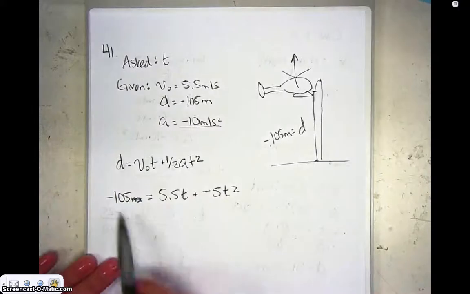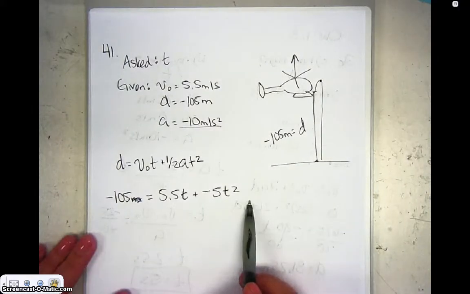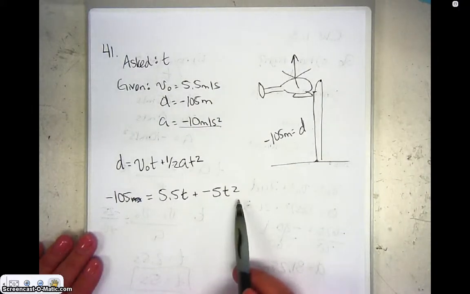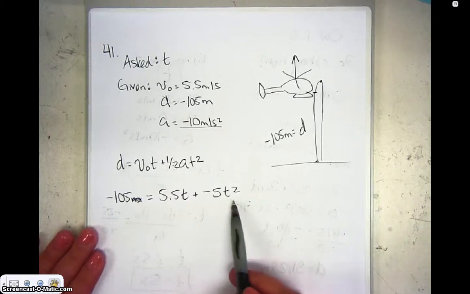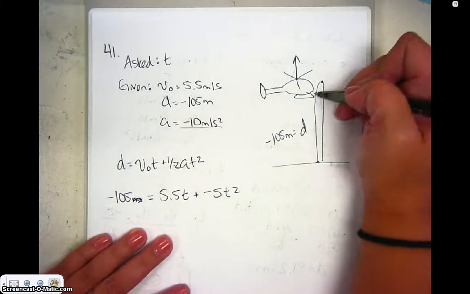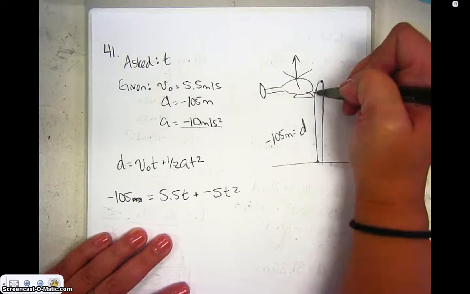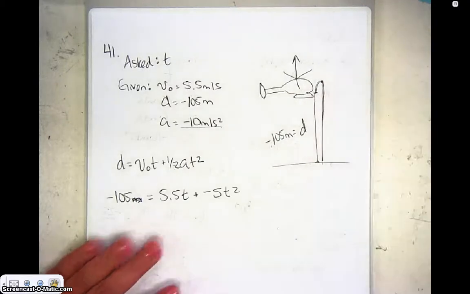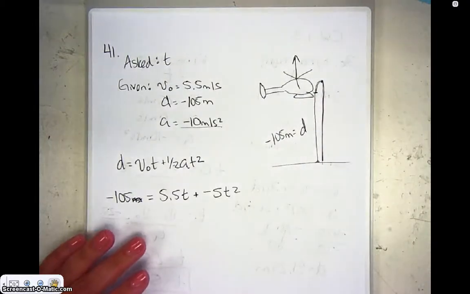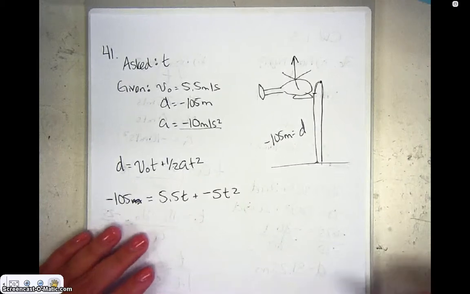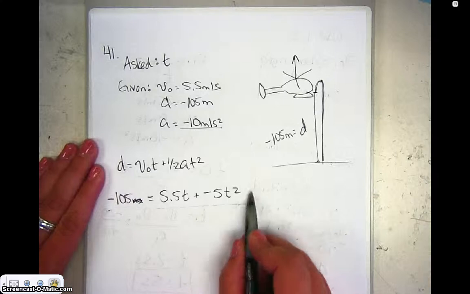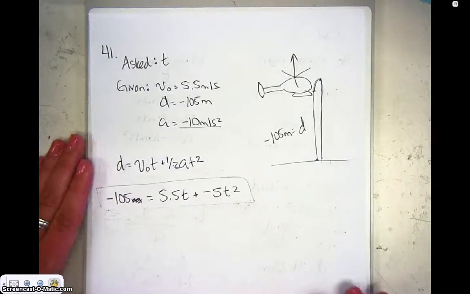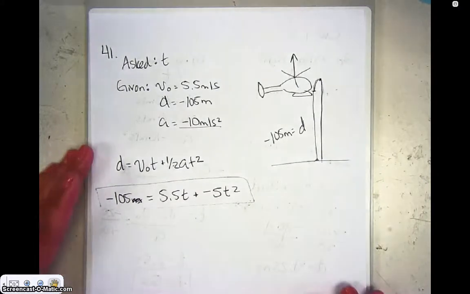By looking at this, you should recognize, because I have a squared term here, that this is the equation for a parabola. If we look at our motion here, that is a parabola. What we want to solve for is the time it takes to hit the ground. When we have a quadratic like this, we're going to get two numbers.